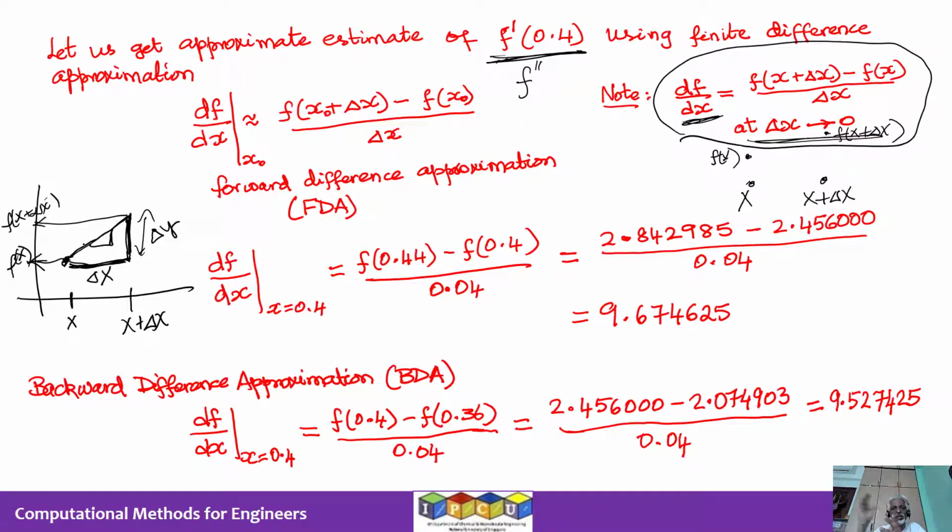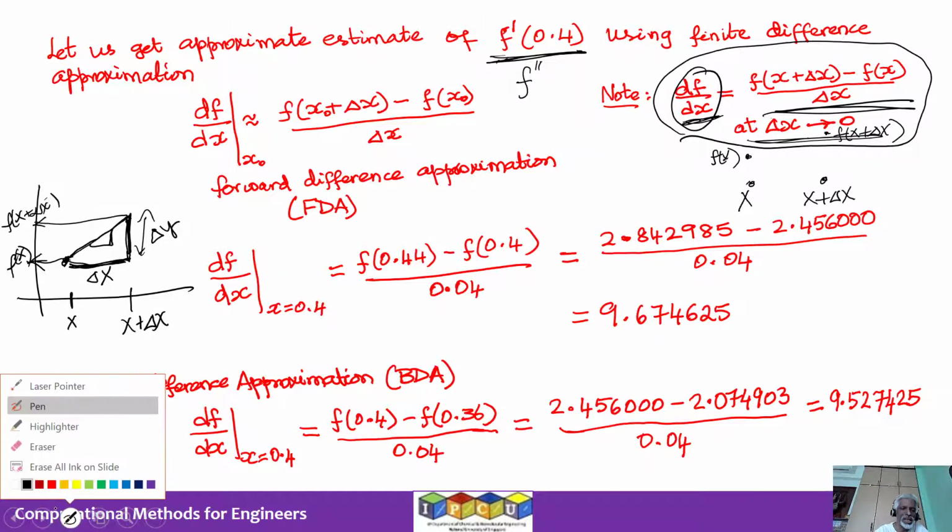You're at x, you're looking forward to x plus delta x, and then you are finding out the change in y divided by the change in x. And when the change in x is infinitesimally small, df by dx is exactly equal to what you see here. All right. So the numerator is delta y, the denominator is delta x. So you get dy by dx is equal to delta y by delta x as delta x goes to 0.